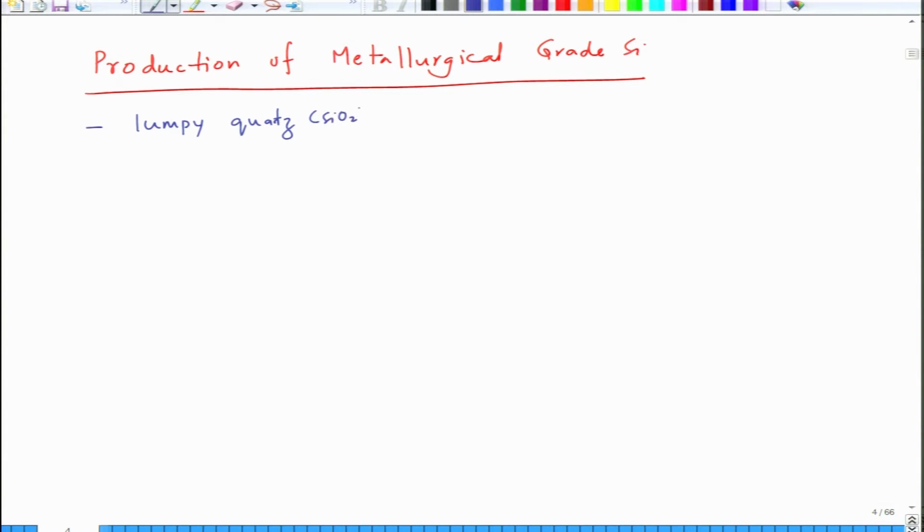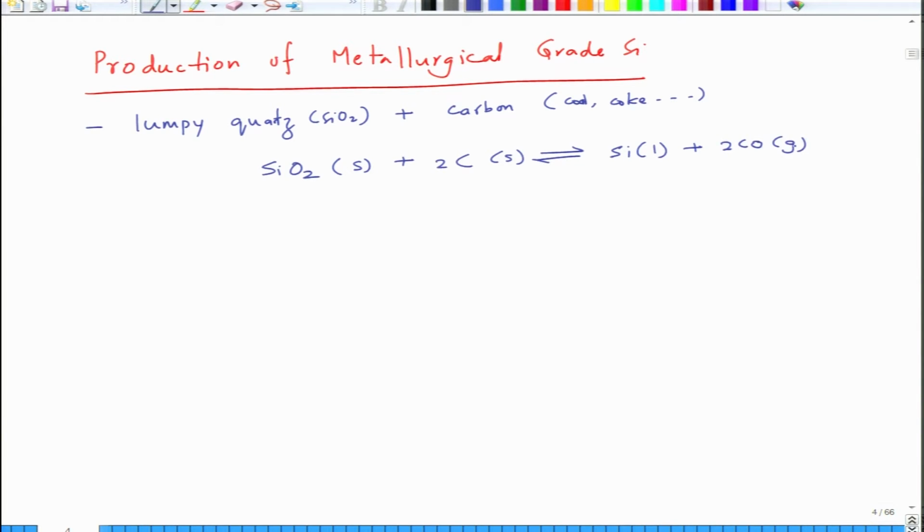Quartz we know is nothing but SiO2, and essentially you make it react with carbon. Carbon is in the form of coal, or you can say coke, etc. Various forms of carbon are present. So, essentially you make SiO2 in the solid form react with carbon in the solid form, and this gives rise to silicon that is liquid and CO which is in the gas form.